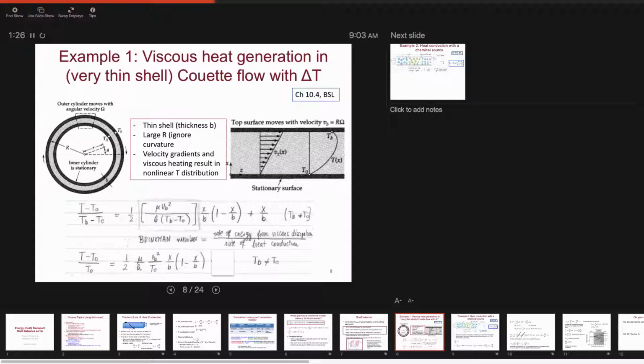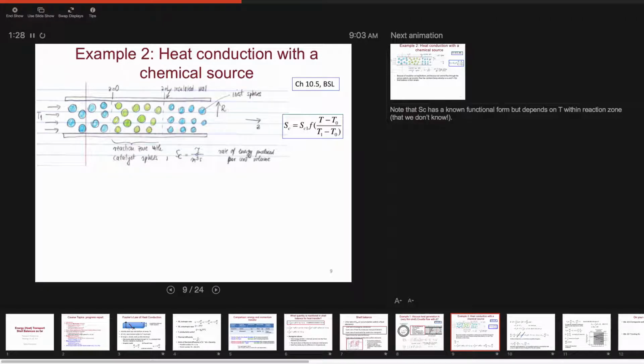Okay. Now, the second problem was an example with both the chemical heat source and also the porous medium. We worked with it in an averaged sense, so it was ultimately a one-dimensional medium, and we assumed the velocity of the fluid to be the Darcy velocity moving through the porous medium.